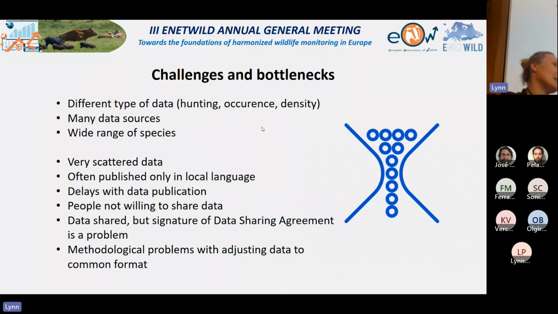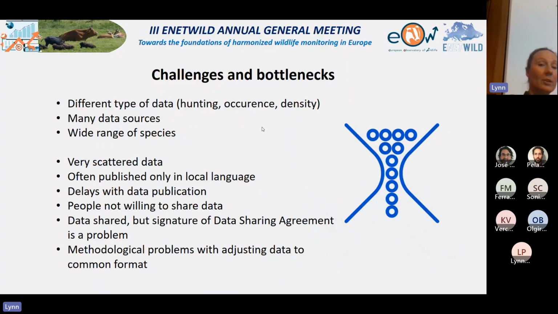Also, there are delays with data publication. For example, if you have data from hunting grounds about how many animals were shot in a hunting period, it might be that the data will be published the next year. In our case, we are still waiting for Russia to publish the data from 2021, and they are not in a rush to do so.